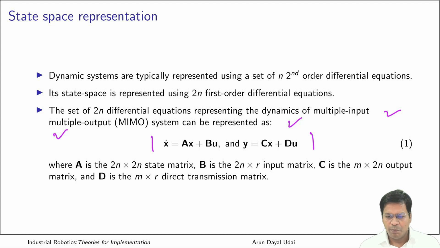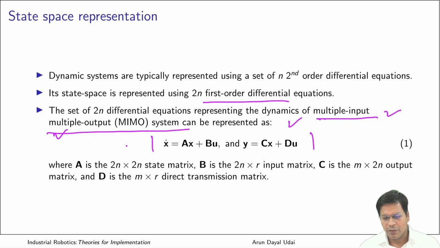You had multiple sets of equations for a multiple input and multiple output system, and there were 2n first order differential equations that represent your dynamical system. Each one of them can be clubbed together in a compact manner like this.